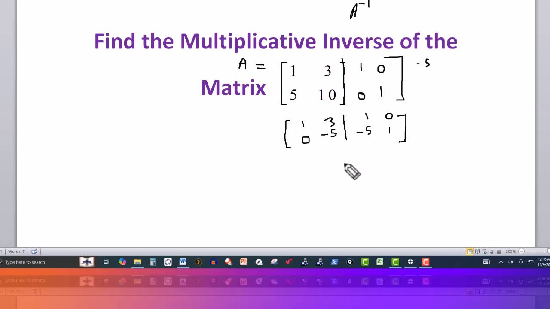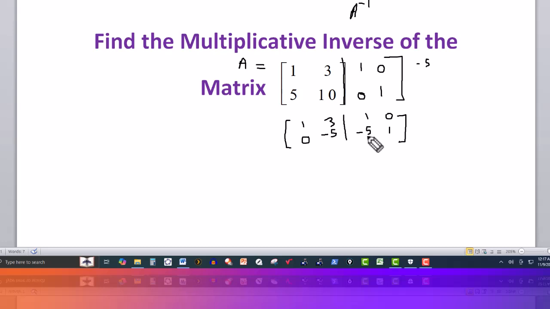So I have that. Now the next thing I want is this number right here, in this position, to be a 1. Remember, I need 1, 0, and then 0, 1. So I have 1, 0. I want this negative 5 right here to be a 1. So let's just divide everything in the second row by negative 5. Well, 0 divided by negative 5 is still 0. Negative 5 divided by negative 5 is 1.